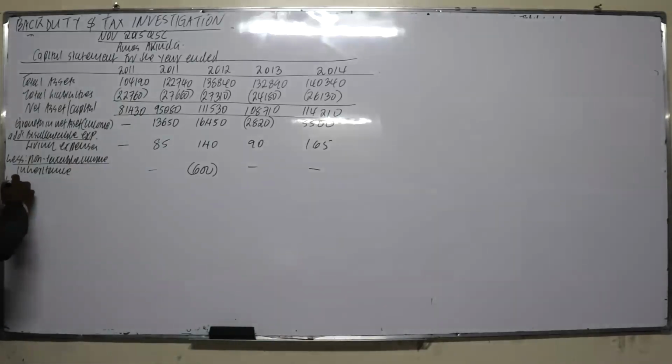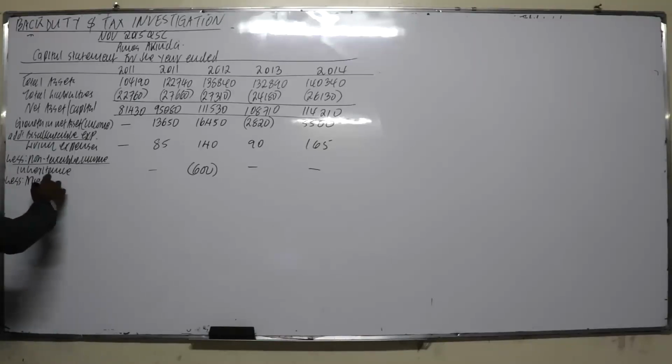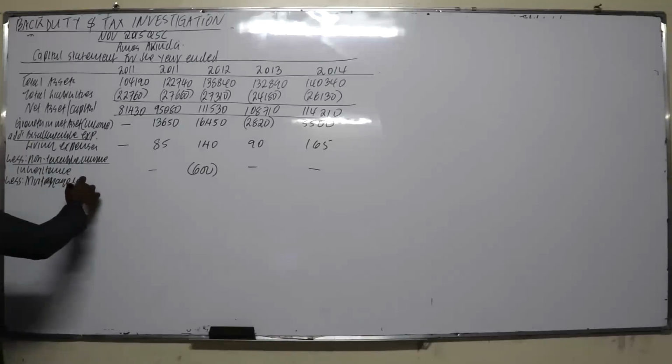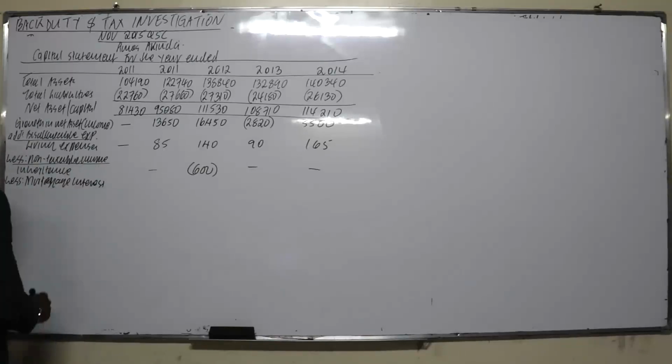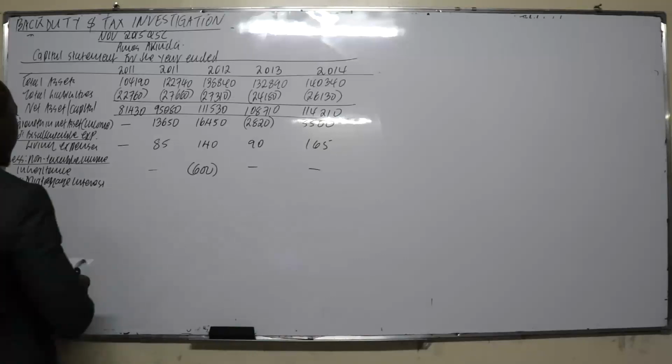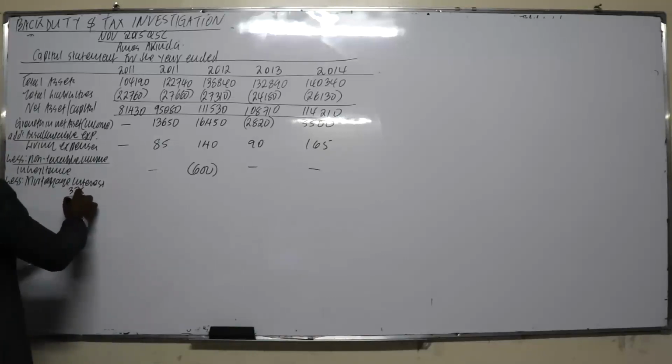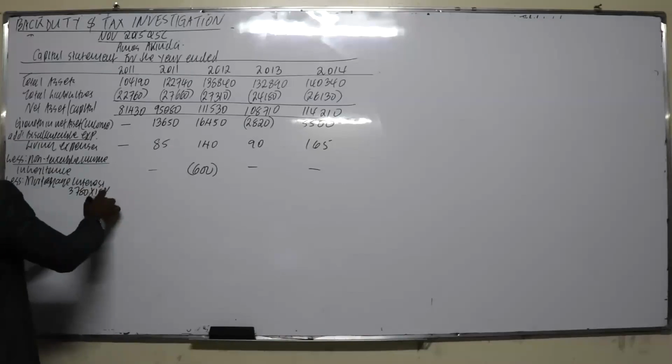Then you also raise allowable expenses never deducted, such as mortgage interest. So we have the mortgage. How much was the value of the mortgage? That is 780 at the rate of 15%.